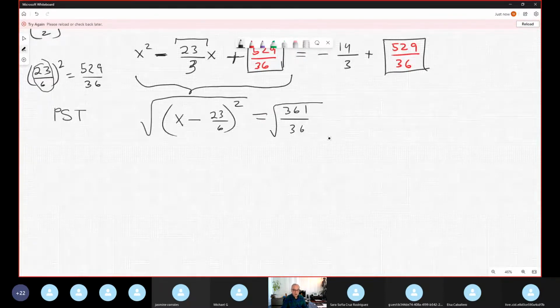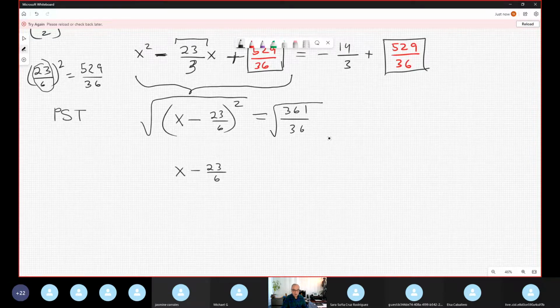Okay, entonces now it is x minus 23 over 6, square root and square cancel out each other. And I put plus or minus, and the square root of 361 is 19, and the square root of 36 is 6. Now finally, x is equal to, I move 23 over 6 negative to the other side like a positive, plus or minus 19 over 6.